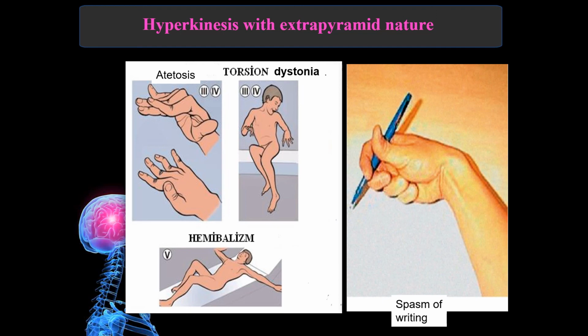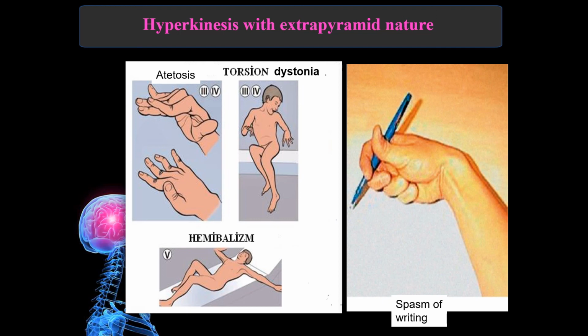The first, for example, athetosis. Athetosis is slow tonic movements, mainly in the muscles of the extremities, and sometimes in the muscles of the face. Then chorea: random, fast, irregular movements of the muscles of the limbs, face, or body.